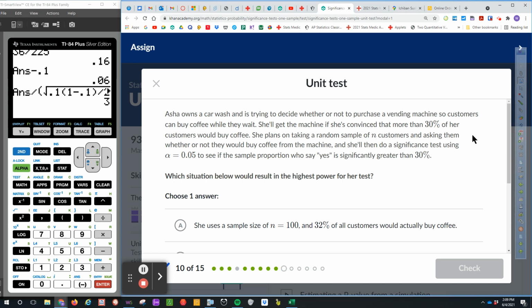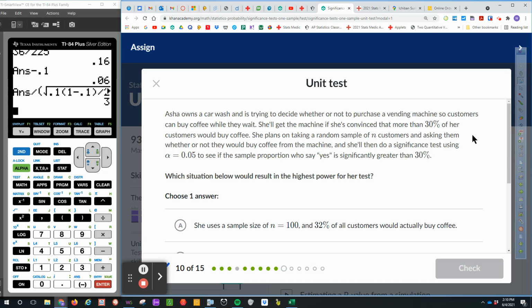Asha owns a car wash and is trying to decide whether or not to purchase a vending machine so customers can buy coffee while they wait. She'll get the machine if she is convinced that more than 30% of her customers would buy coffee. She plans on taking a random sample of n customers and asking them whether or not they would buy coffee from the machine.